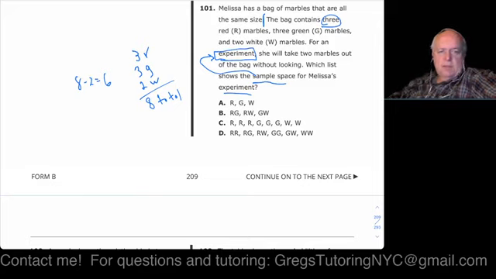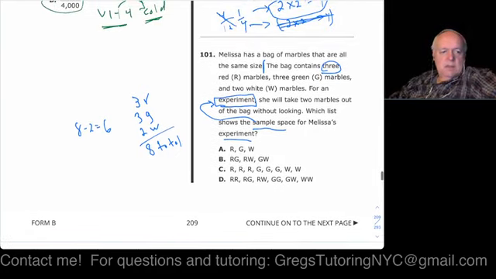All right. So basically, if we were to list them out, we would get, let's use the space here: red, red, red, green, and red, white. Okay.